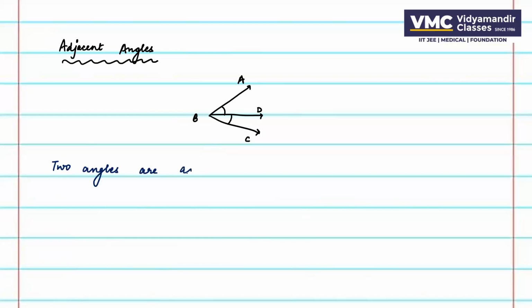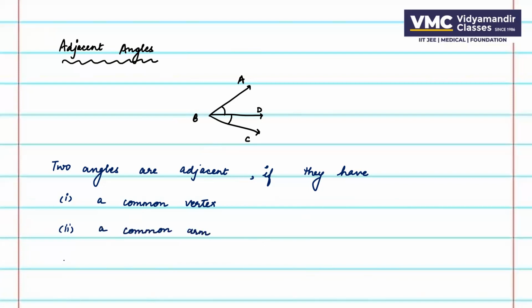Two angles are adjacent if they have a common vertex, a common arm, and non-common arms lie on the different sides of the common arm.